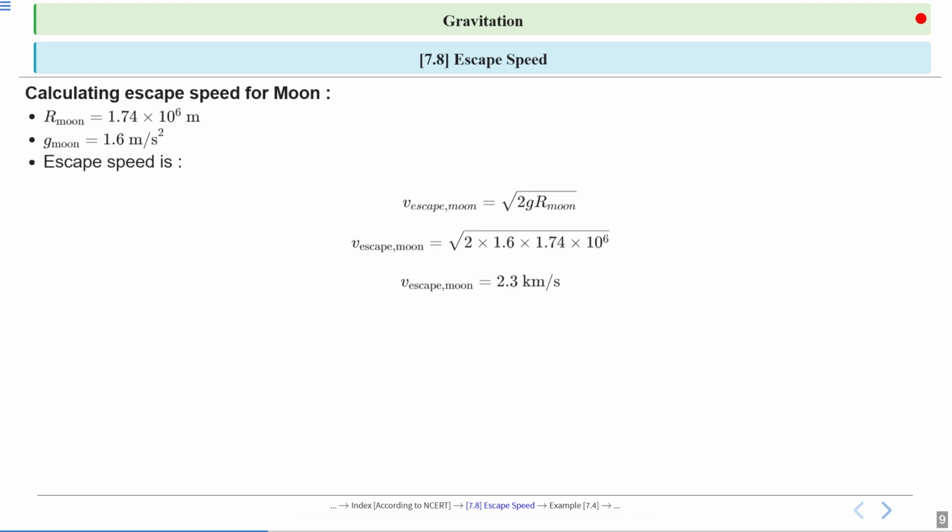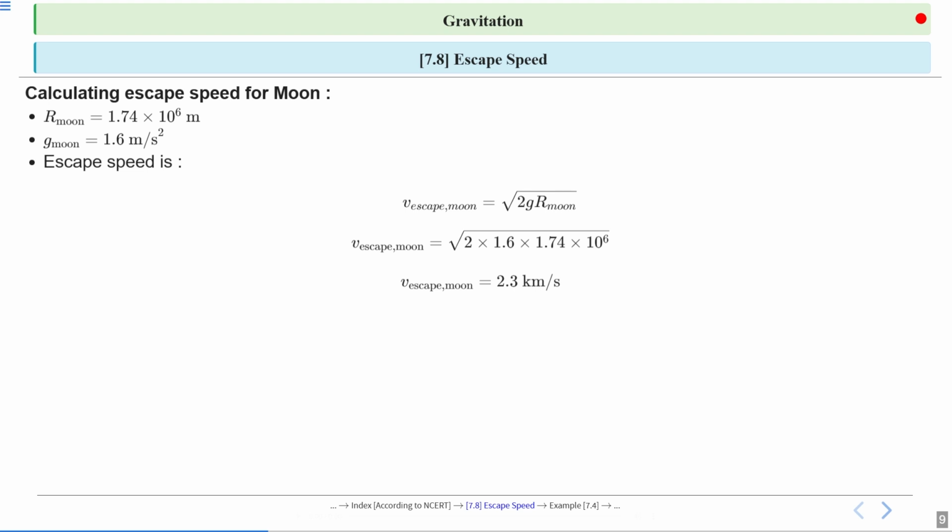So substituting the values, we calculate the escape speed for the moon as V escape is equal to under root 2 into 1.6 into 1.74 into 10 raised to the power 6. Solving this, you get a value of approximately 2.3 kilometer per second.